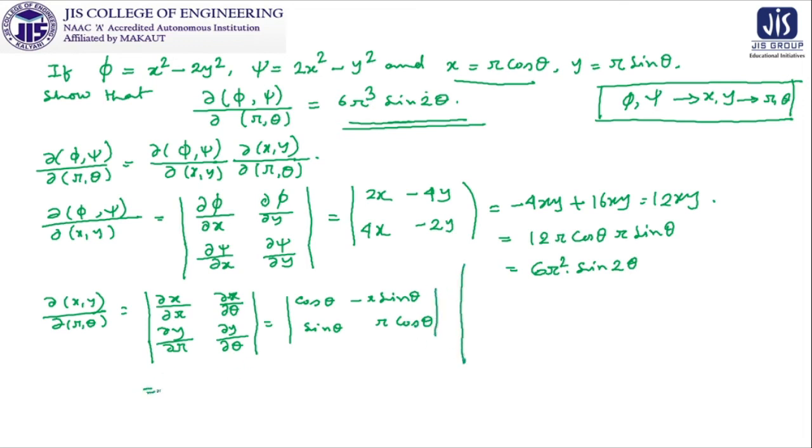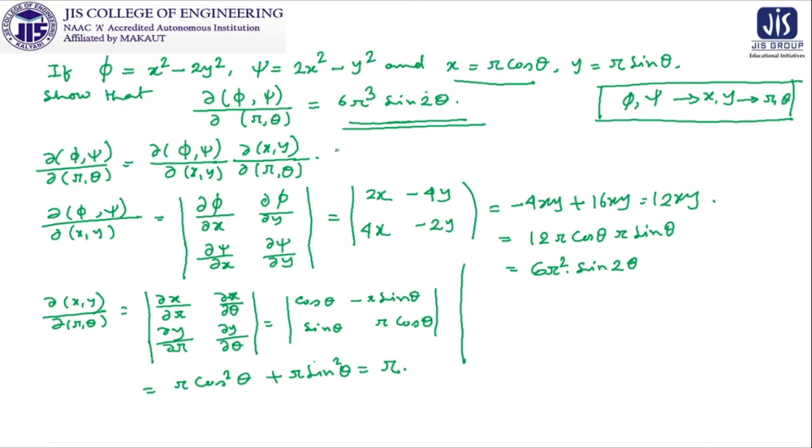So in the next line we can write it as r cos square theta minus minus plus r sin square theta. So taking r common, we will get cos square theta plus sin square theta, that is r.